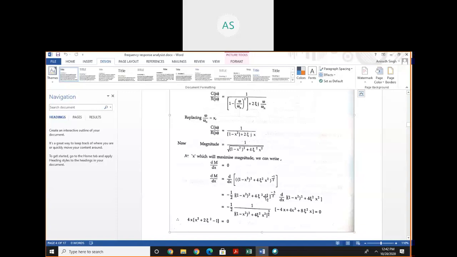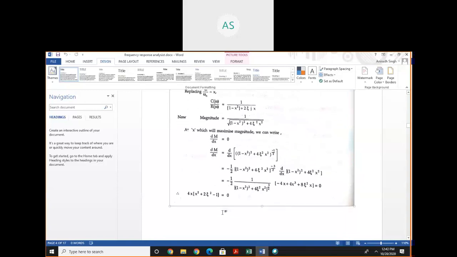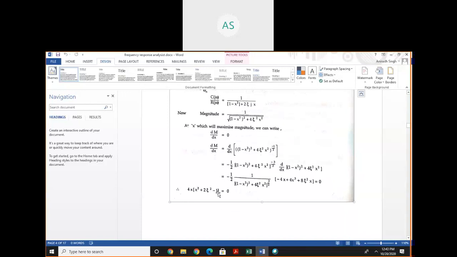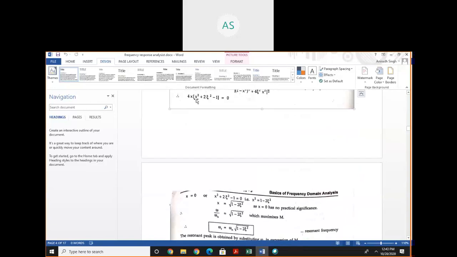And this is equal to minus half, (1 minus x square) whole square plus 4 zeta square x square, raised to the power minus 3 by 2, and differentiation of this. So after differentiation of this expression, we get an expression like this, and this expression is equal to 0.